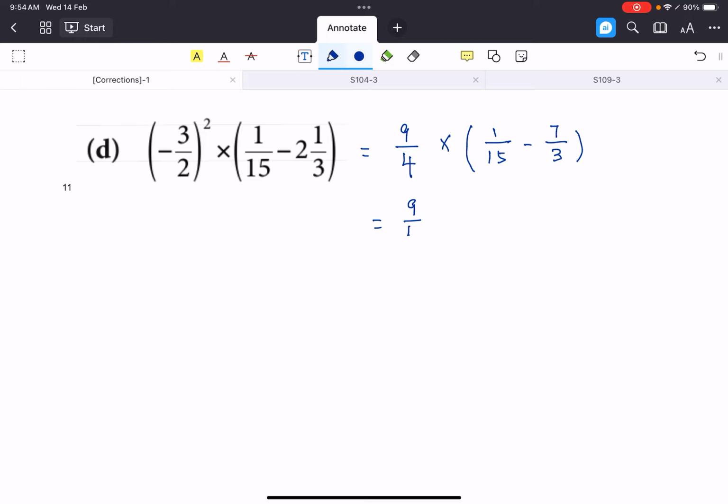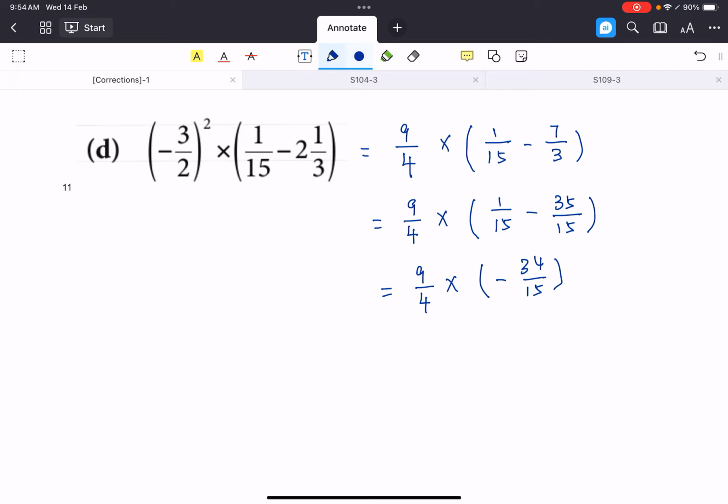Continue to simplify the portion inside the bracket. So that will be 1 over 15 minus 20, let me try to do this, times 5 is 35, 35 over 15. That will give us 9 over 4 times negative 34 over 15.